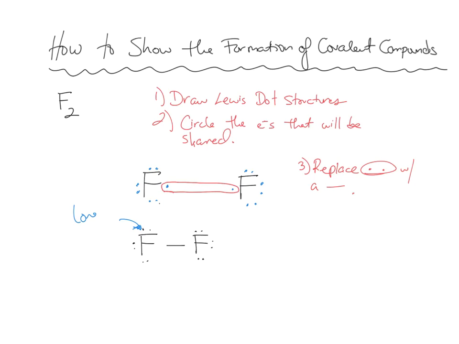They're called the lone pair electrons. And remember that this line in the middle represents 2 electrons being shared between the 2 fluorines.